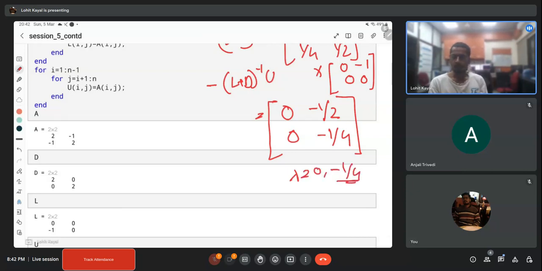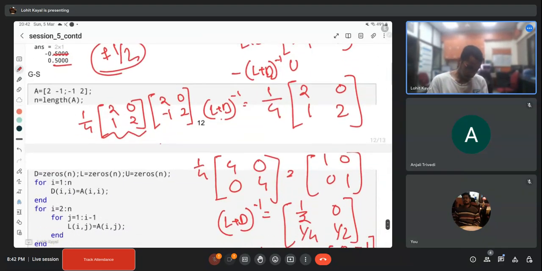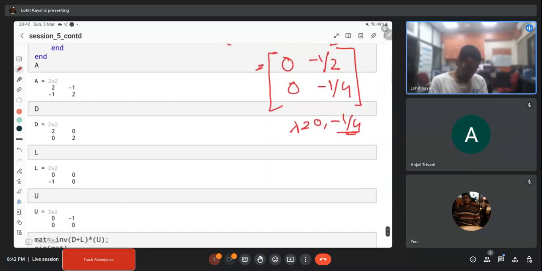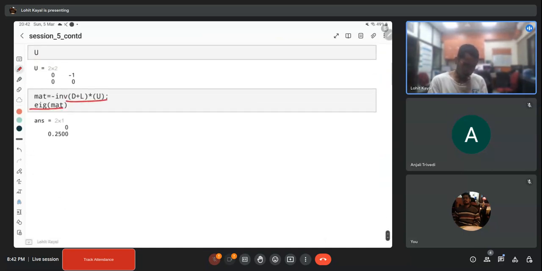Now let's go to the code and verify it. This is your A, N is there. So the inverse of L plus D times minus U. It is giving a matrix, and it is giving you 0 and 1 by 4.